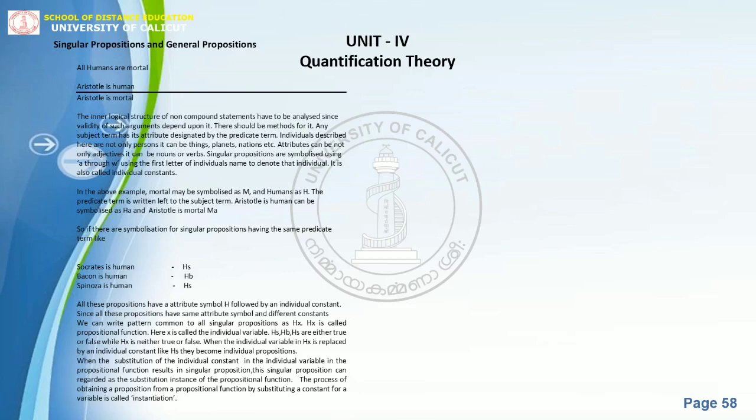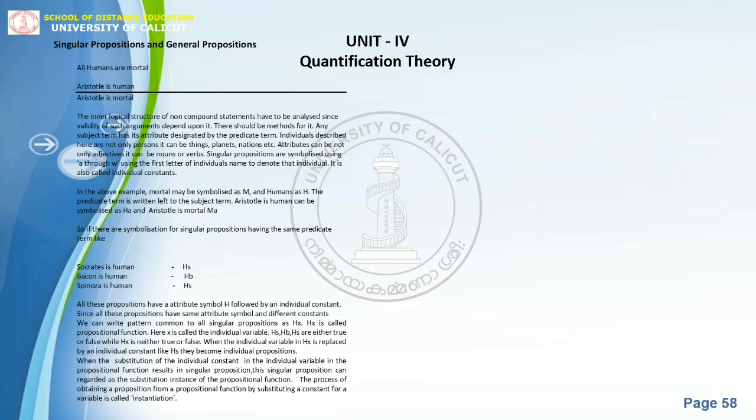Singular propositions are symbolized using the small alphabets a through w, using the first letter of the individual's name to denote that individual, and it is called individual constants.